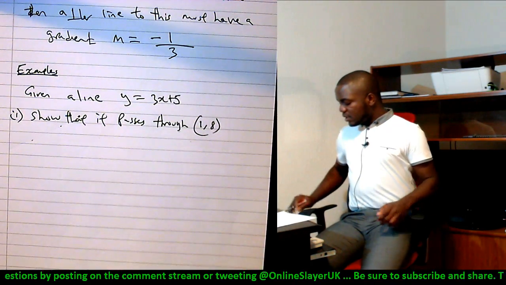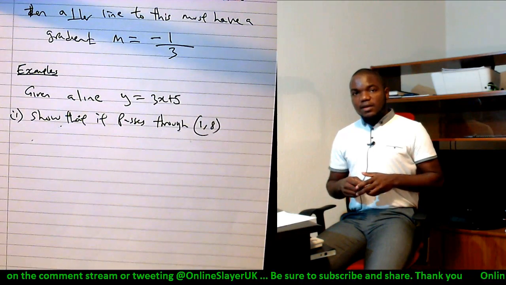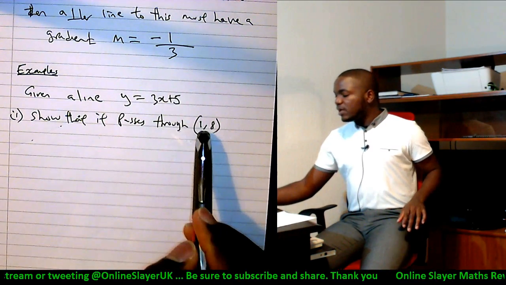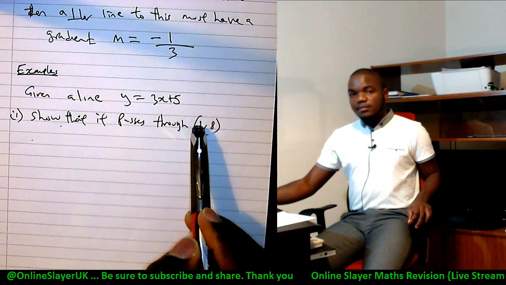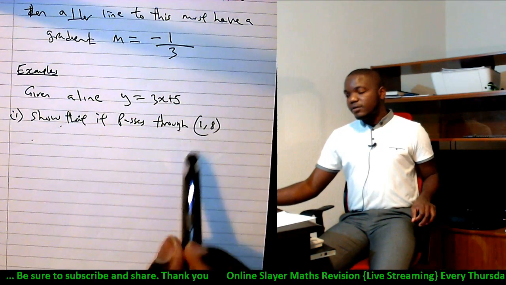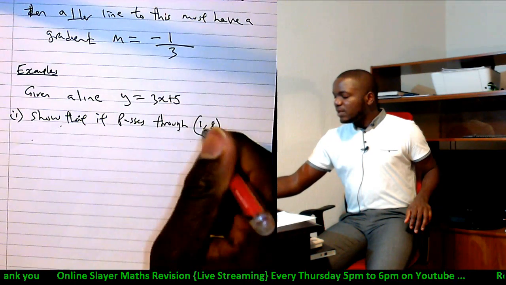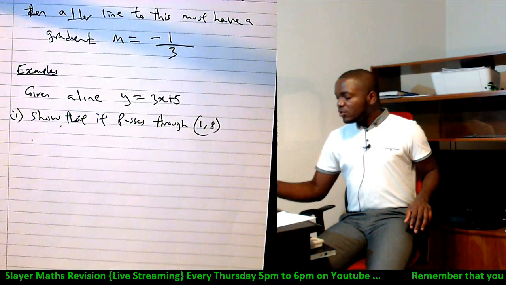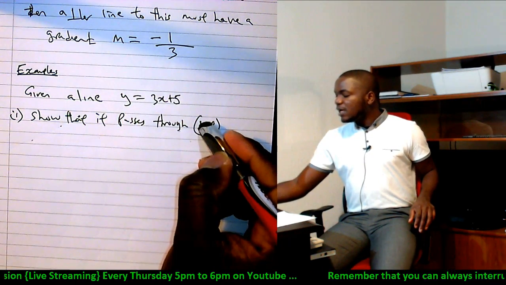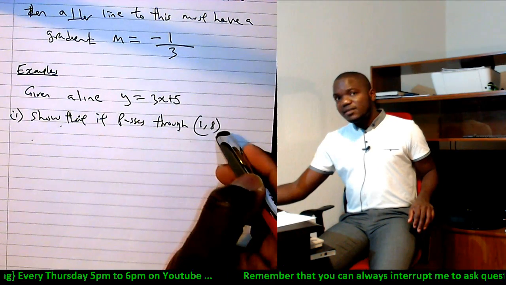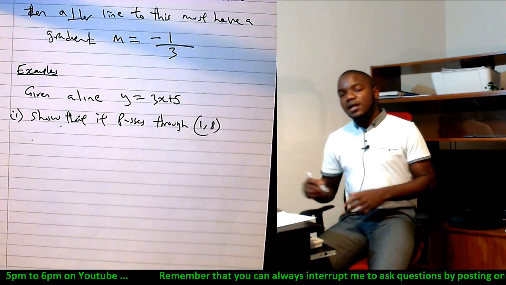Every point in a graph has got an x value and a y value, and we write it this way, (x, y). So the first term there is the x, the second one is the y value. So what you're told to do now is show that this point is a point on this line. So you're told to find out if x is 1, does this line tell you that y should be 8? If it does, then that's a point on the line.